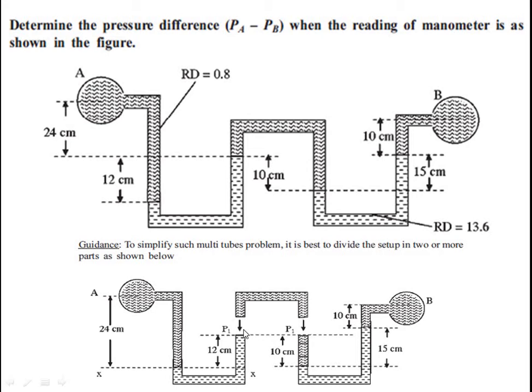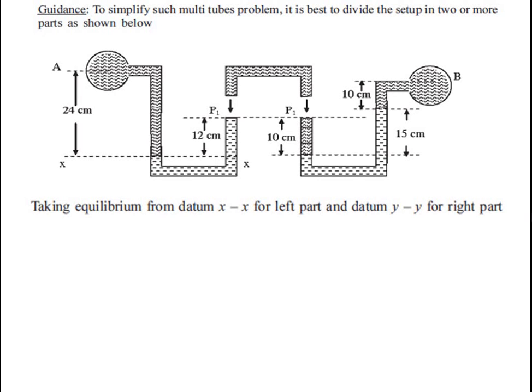Now with respect to this datum line, pressure is the same at both ends. So taking equilibrium from datum XX for the left part and YY for the right part, PA plus 0.24 into 0.8 into 10 to the power 3 into g is equal to 0.12 into 13.6 into 10 to the power 3 into g plus P1, and P1 is nothing but this pressure.